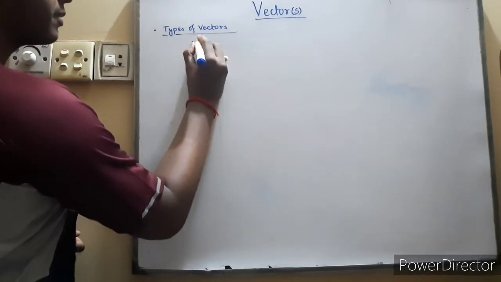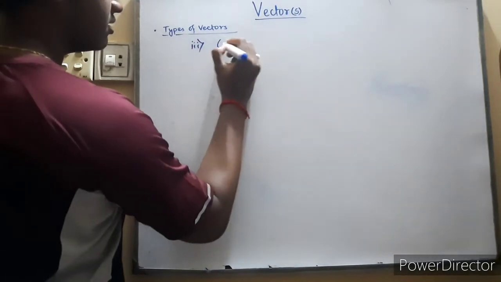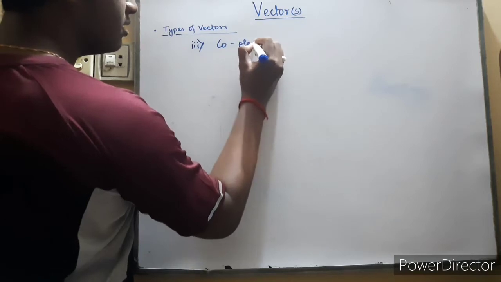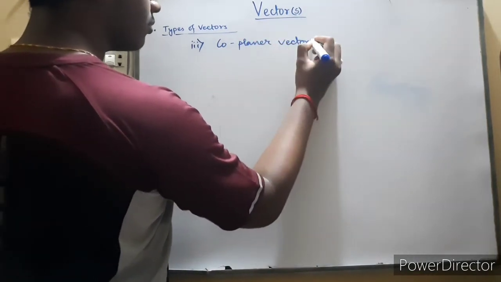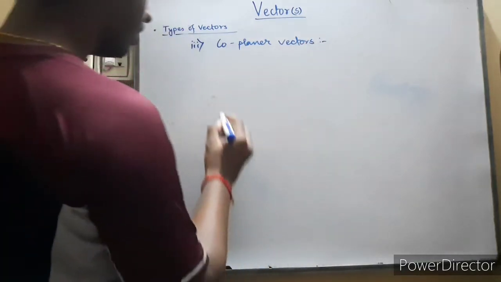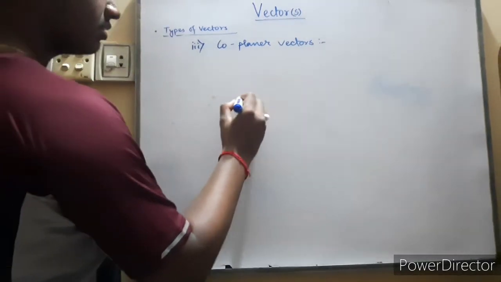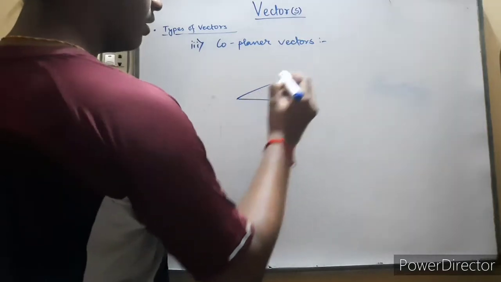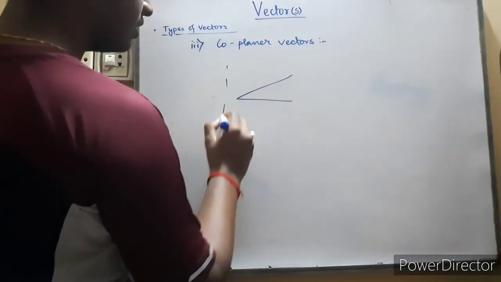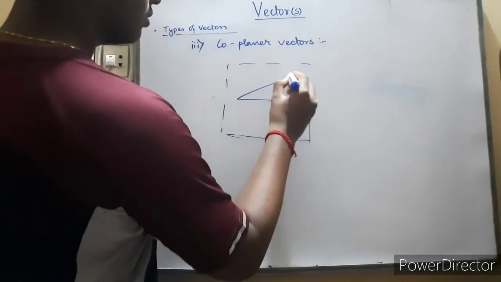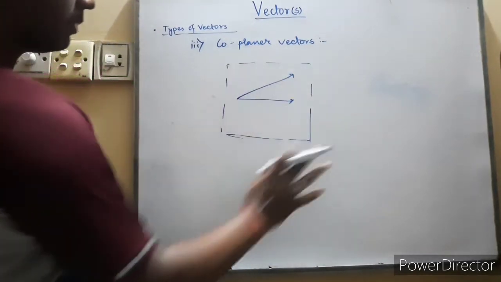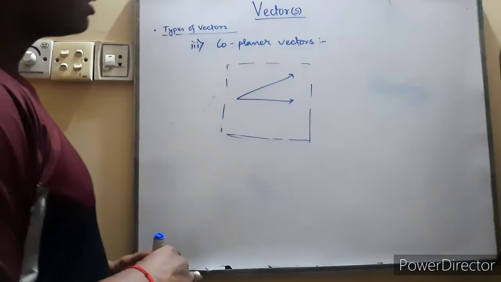So let's proceed to the third type: coplanar vectors. Any vectors parallel to a given plane are called coplanar vectors. Suppose this is a plane I have drawn like this.